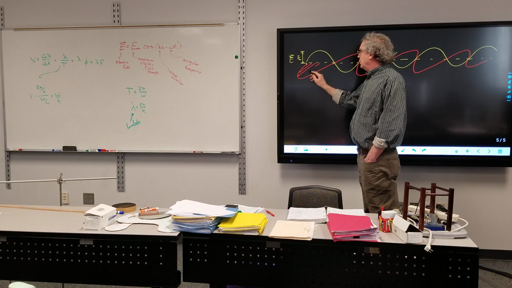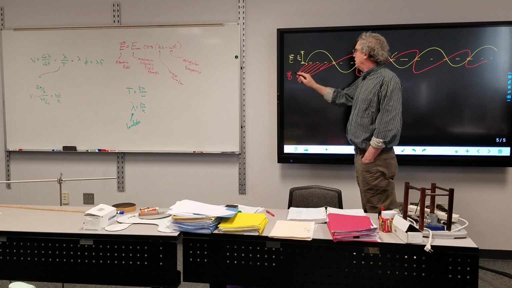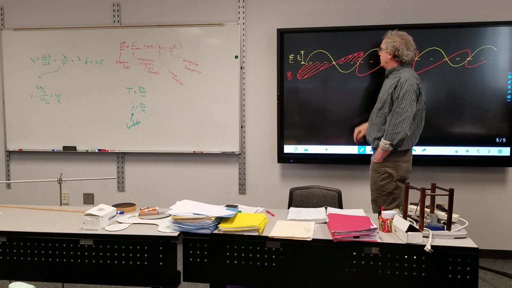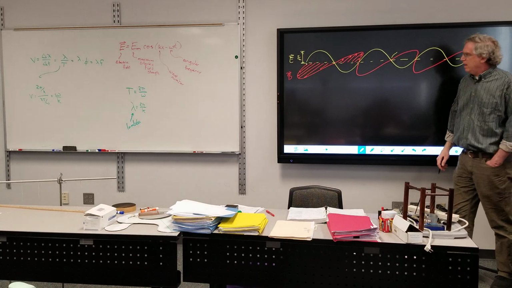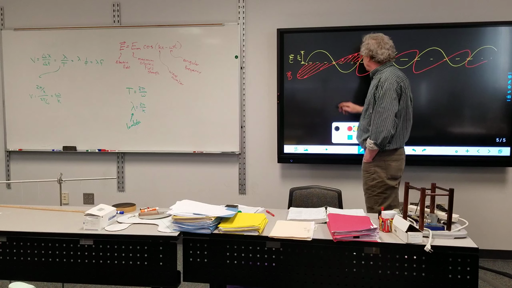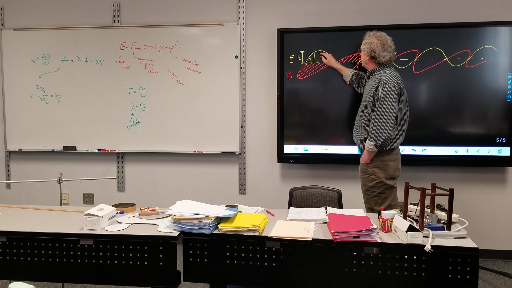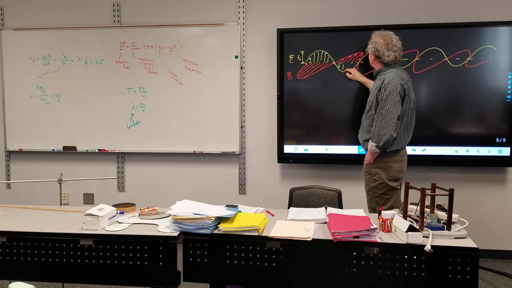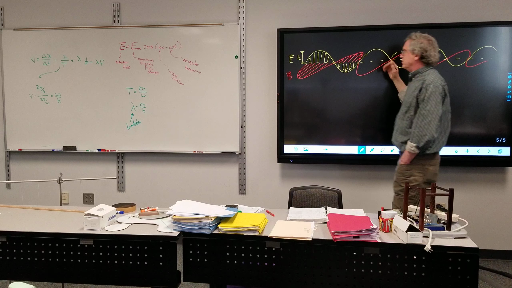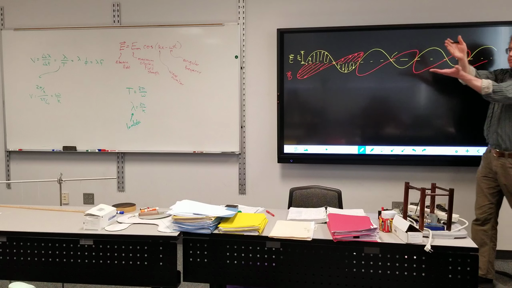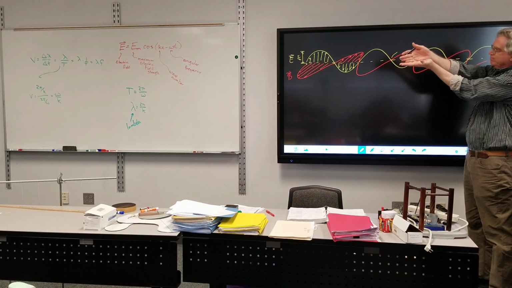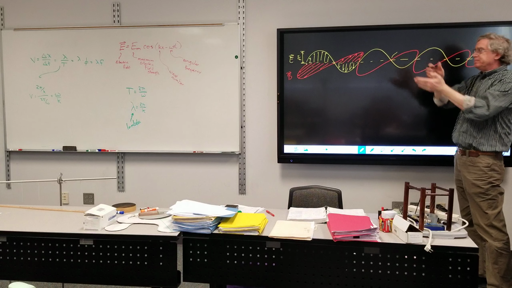If I have to draw my magnetic field lines, sort of like that. And my electric field lines, and so on. So I have these two sets of fields that are going basically vertically and in and out.